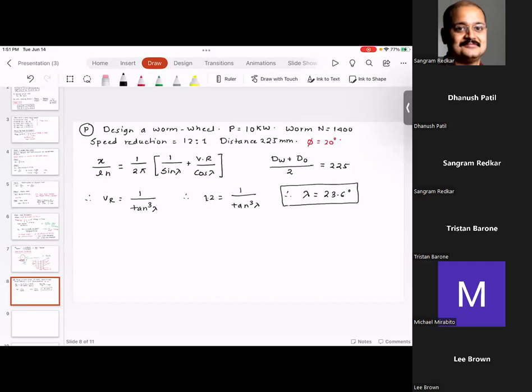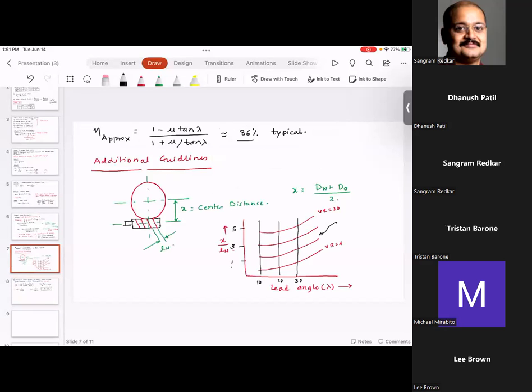And you can take this 23.6 degrees lambda over here and draw a vertical line. So this is lambda equal to 23.6. The velocity ratio is 12. So for example, this is the velocity ratio 12 line.